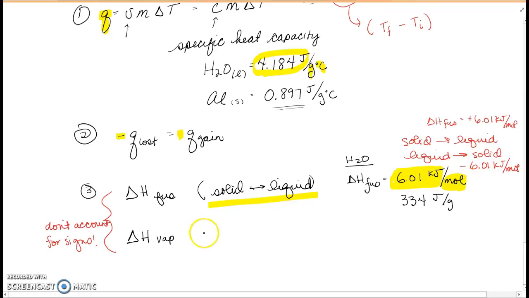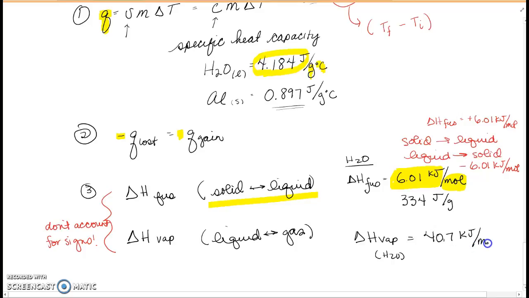Delta H of vaporization is what we use for liquid going to gas or back again. And for water, the delta H of vaporization, just as a comparison, is 40.7 kilojoules per mole. And again, that's how much energy it takes to go from liquid to gas, so positive, or how much energy is released when we condense gas to liquid, and so then that would be a negative number.